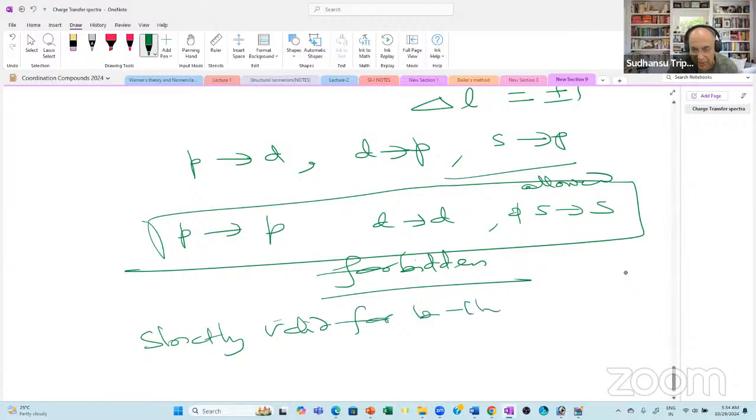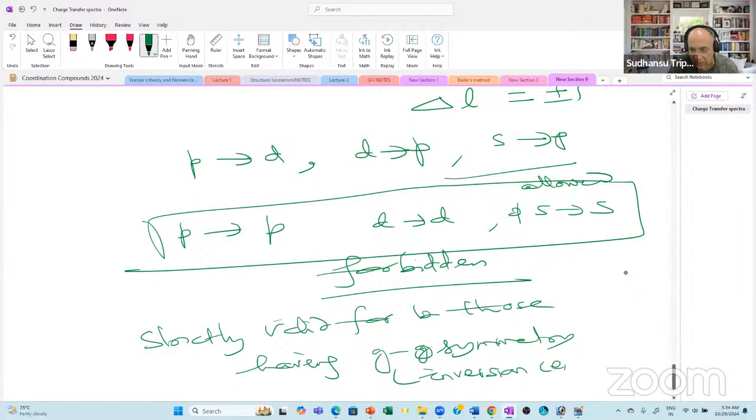And this rule is strictly valid for those having g symmetry, gerade symmetry. What is gerade symmetry? What is gerade symmetry? What? Are you listening to me?